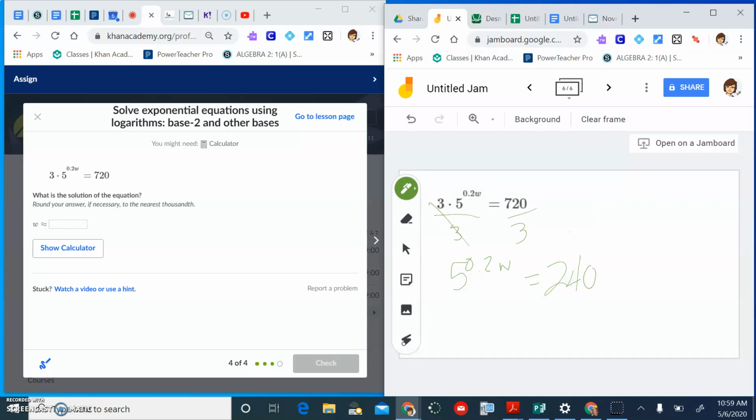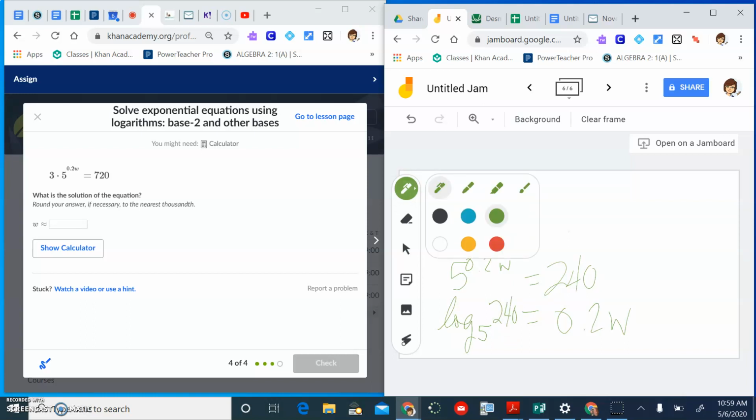And then we need to get that W out of the exponent. So we're going to do log base 5, because that's what has an exponent on it. That's the base of this exponential right here. Equals the exponent. And then on the left, we need the argument, that 240.